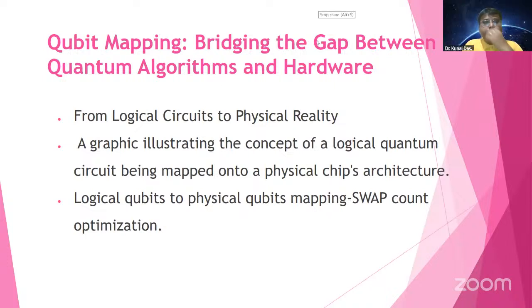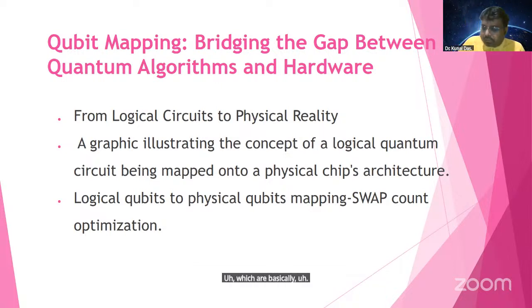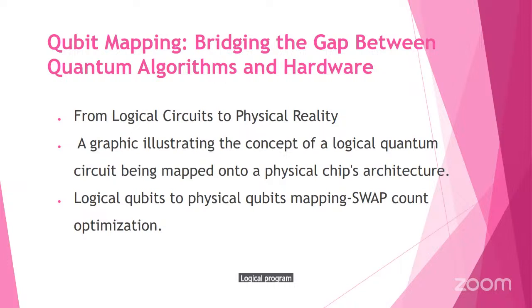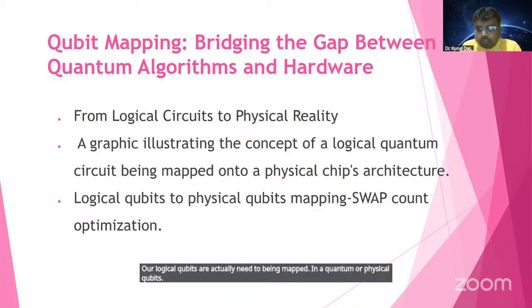Now, the main issue is that the computer program we have written for a quantum computer is basically logical quantum computing. Logical programs and actual physical qubits are two different realities. So our logical qubits need to be mapped to physical qubits in an actual chip diagram.